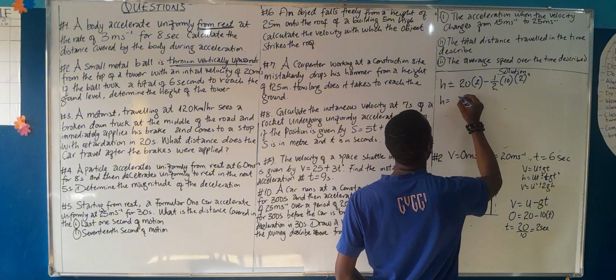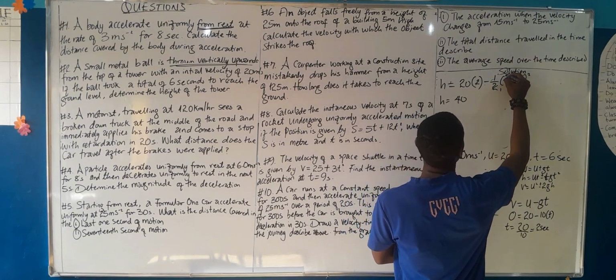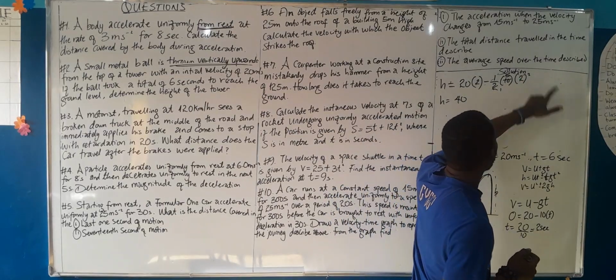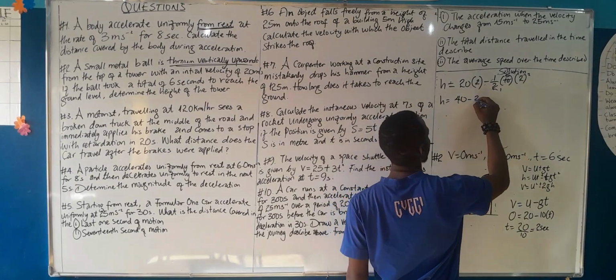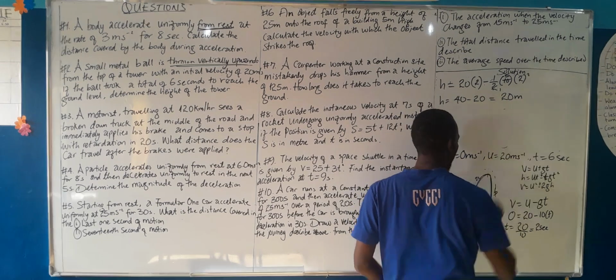So the height now is 40 minus 5 times 2 squared, which is 4. 5 times 4 is 20. So the height here is 20 meters.